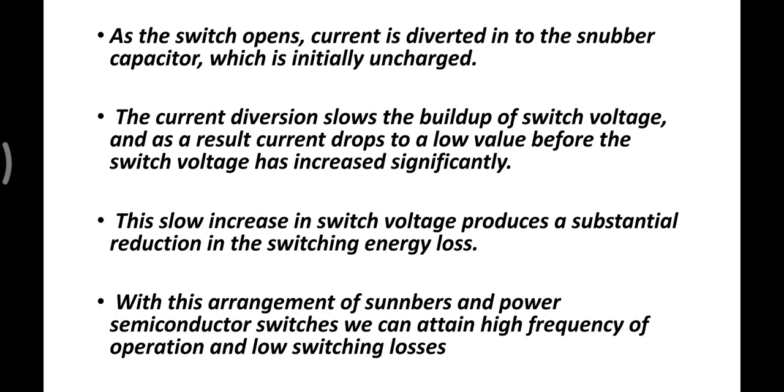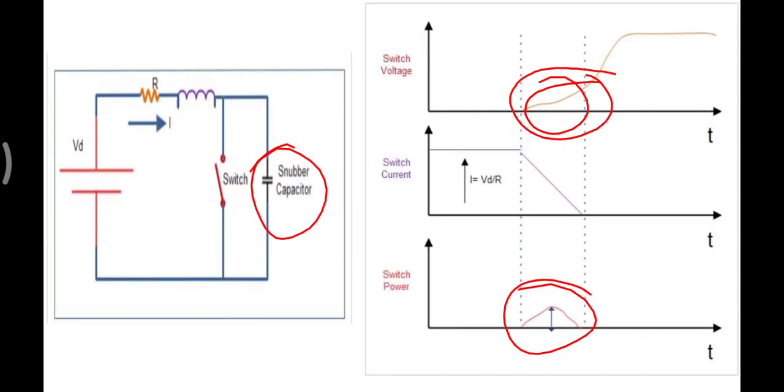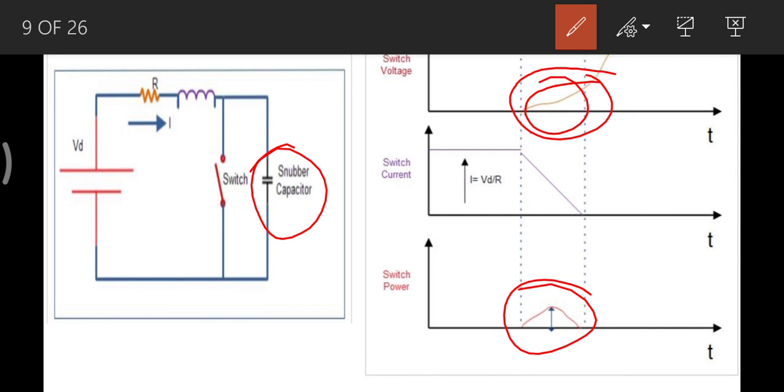As the switch opens, current is diverted into the snubber capacitor, which is initially uncharged. After that, see here, during the starting time, let us consider this capacitor is uncharged, and when this switch is in open condition, the capacitor starts charging.